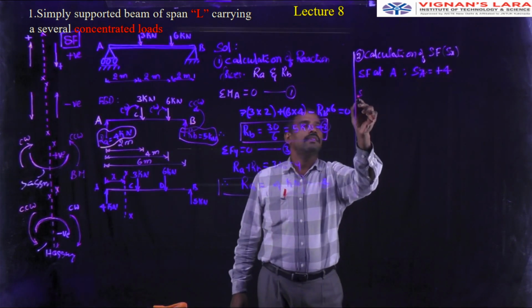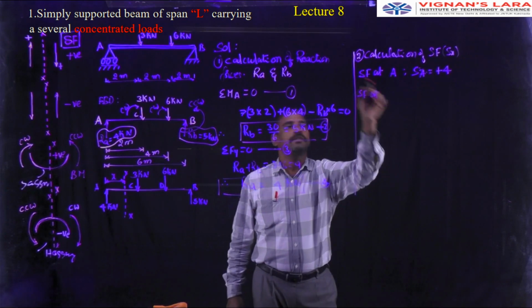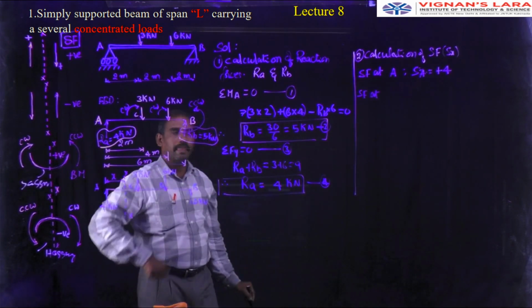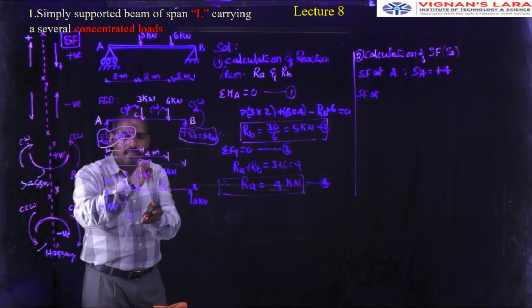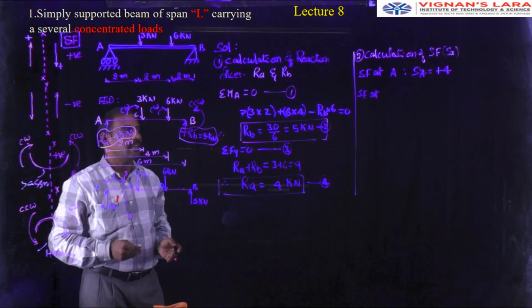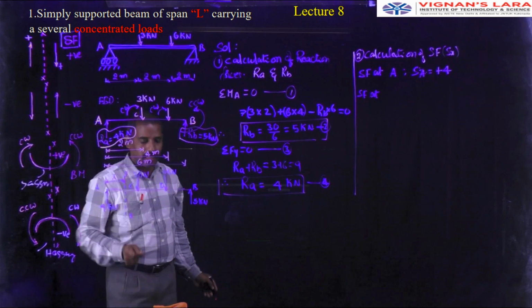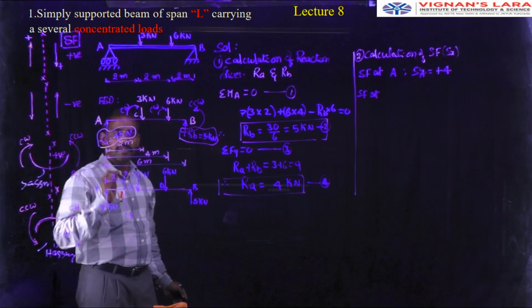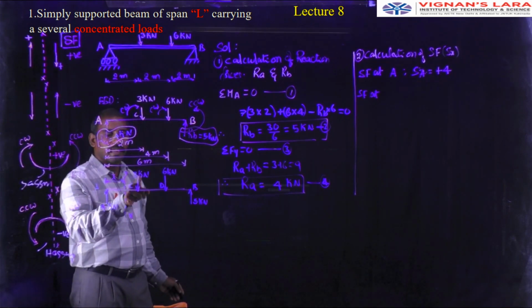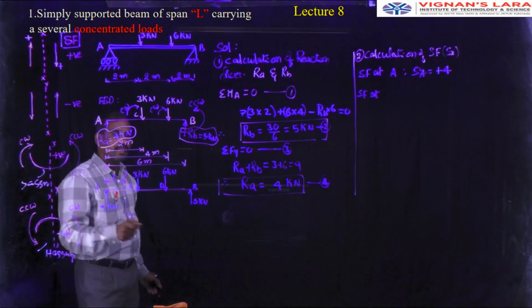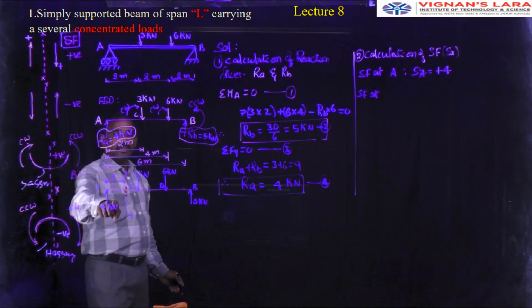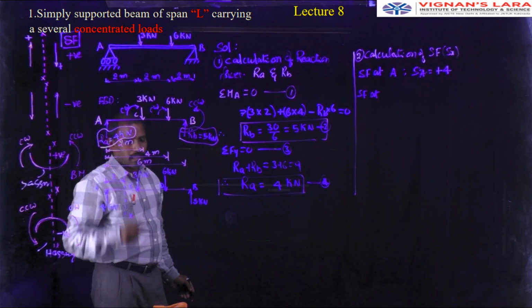Again, SF at C means the section is considered exactly at C. What about the system of forces? One is vertically upward, its magnitude is 4, and at C its magnitude is 3 downward. It means if upward is taken as positive, the downward must be taken as negative.